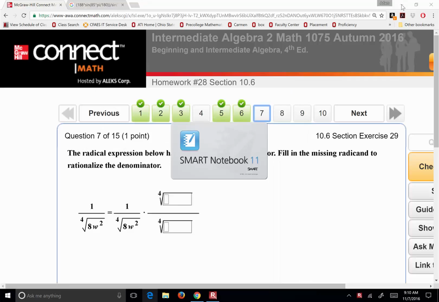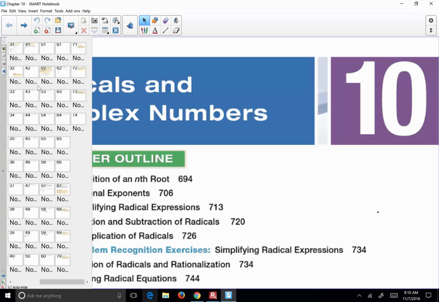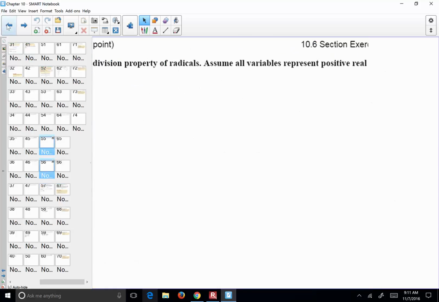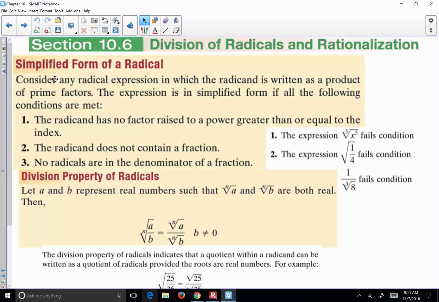So when you're dividing two radicals, you know when to stop if all three requirements have been met. And those requirements are here we go. First, there should be no big powers left inside.